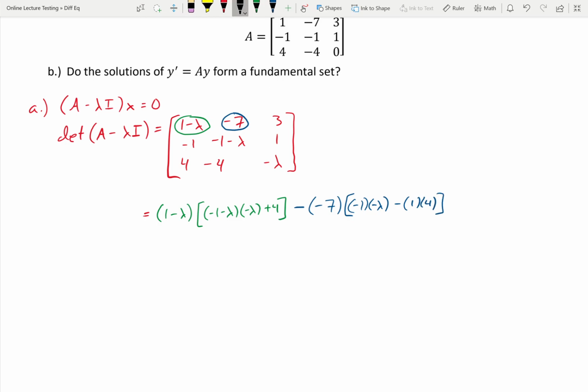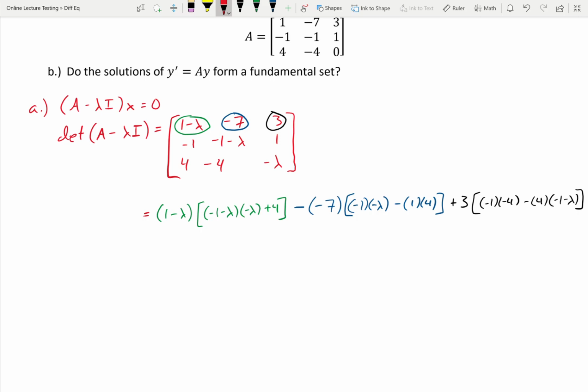And then in black is our 3, so plus 3 times its minor, negative 1 times negative 4, minus 4 times negative 1 minus lambda. So that's exactly where all of these are coming from.